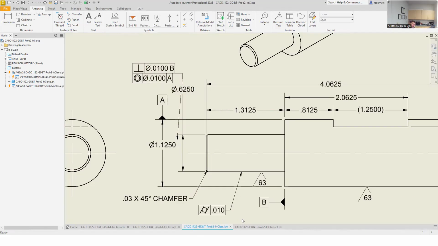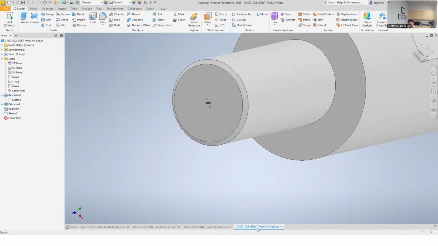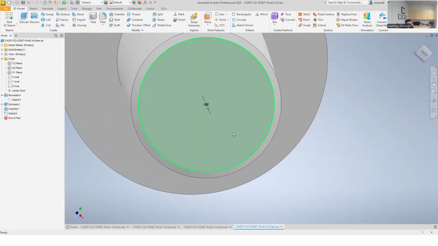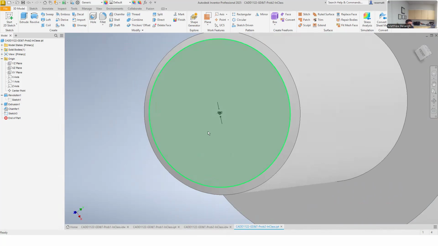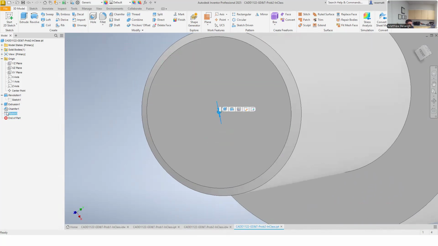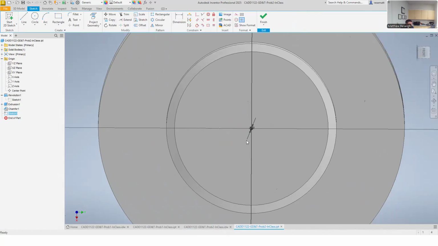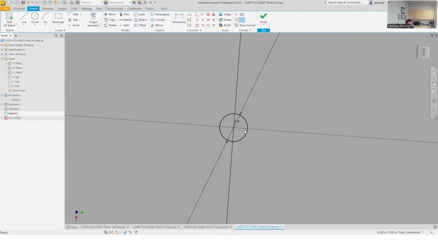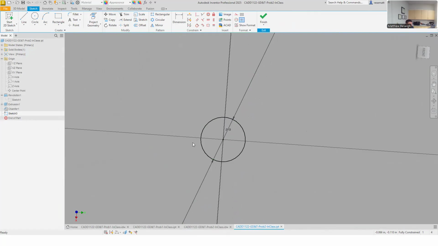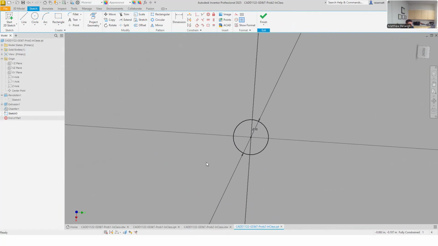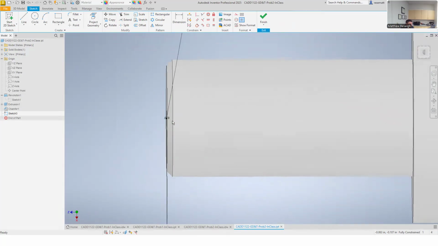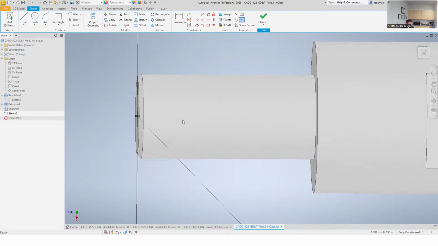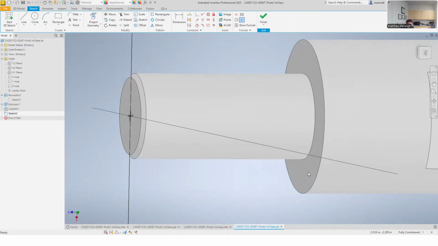When I was thinking about that, I came over to my part and drew a sketch on the end here where some of this is taking place. All I'm saying is that I have a 10 thousandths tolerance zone, cylindrical in shape, within which I'm allowed to vary how perpendicular I am to this surface B here.